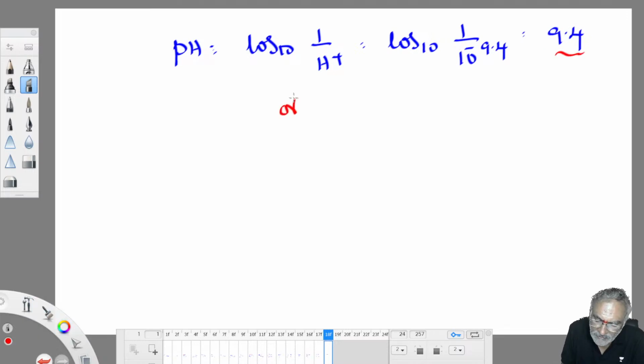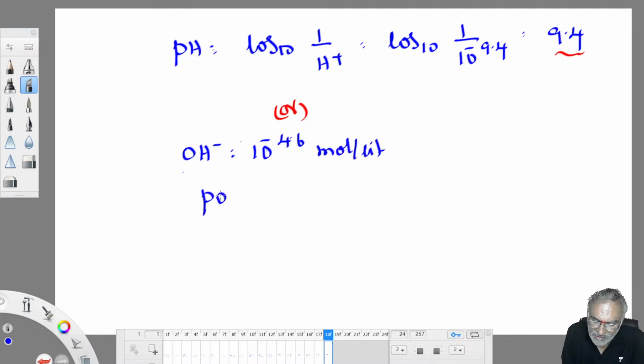Or otherwise, you know pH plus pOH is equal to 14. So the OH minus ion concentration is known to you. This is method 2. Ten power minus 4.6 moles per liter.